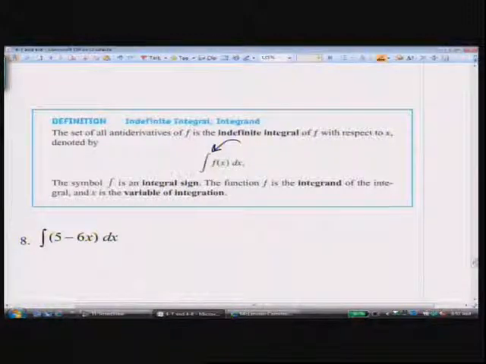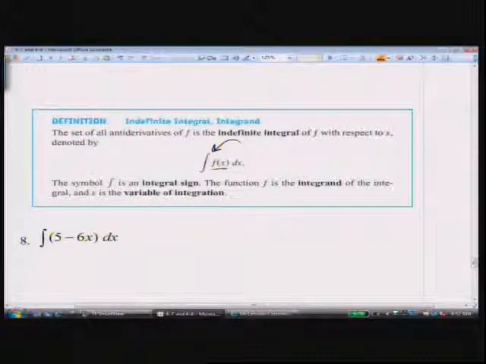When you don't have numbers here and here, which we will in the next chapter, it's called an indefinite integral. The reason it's indefinite is because we can't get there exactly because we have that plus c.